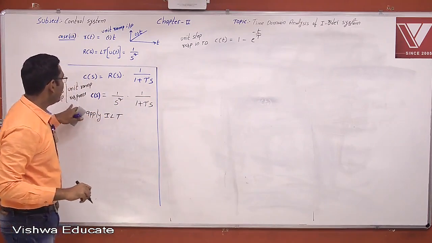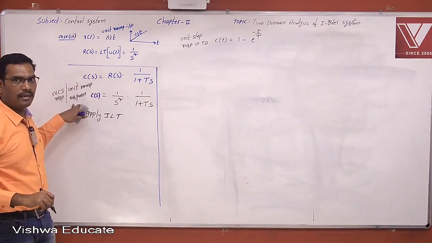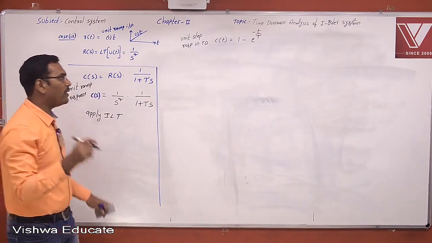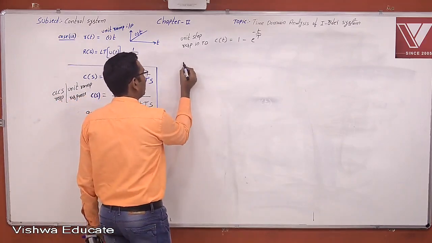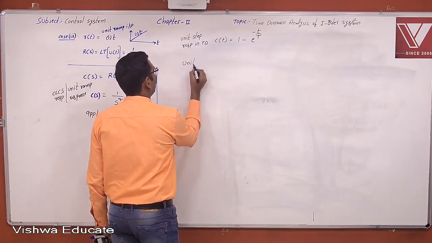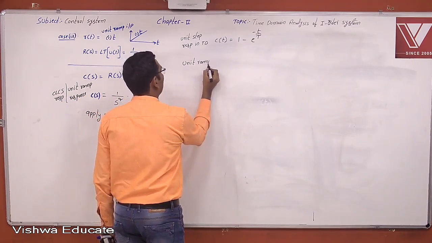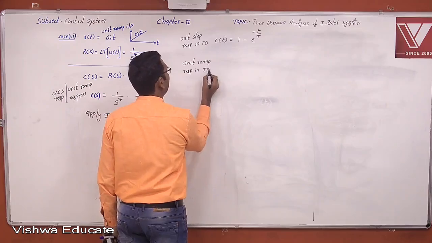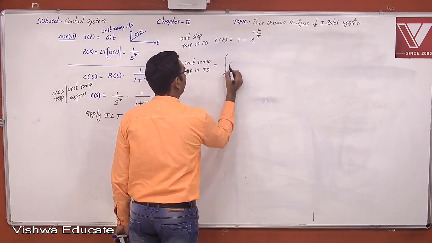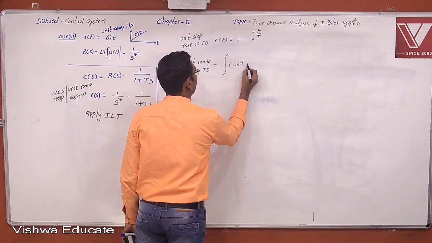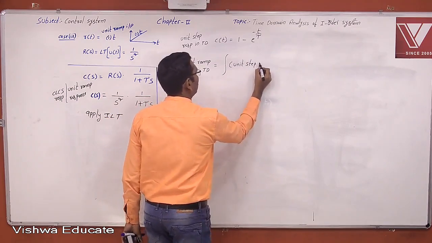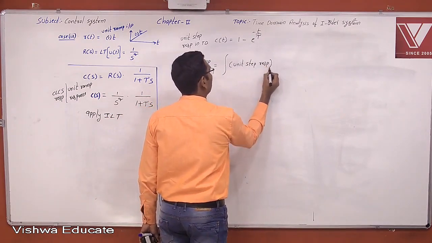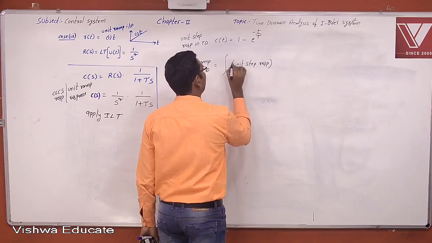But I want a unit ramp response in time domain, right? You have one relation between unit step response and unit ramp response. The unit ramp response in time domain is directly the integration of the unit step response.